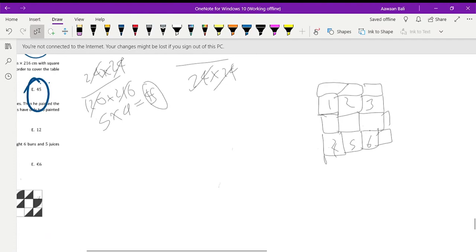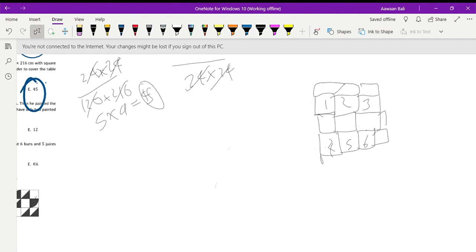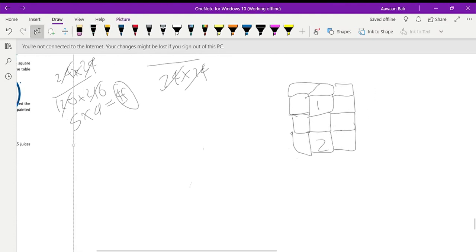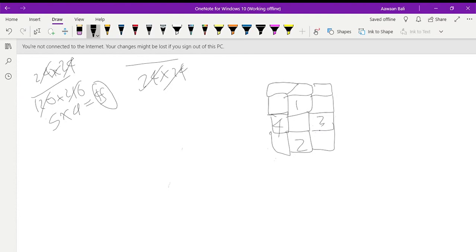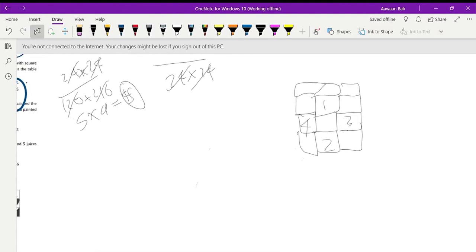Sometimes you can get confused because these 4, 5, and 6, like 4 and 6 are actually colored on three sides. Same with 1 and 3. So when you're actually doing it, this would be 1, 2. Then there would be 3 and 4. So they're basically the ones in the middle. Then there would be 5 here, 6 here, 7 here, and 8 here.